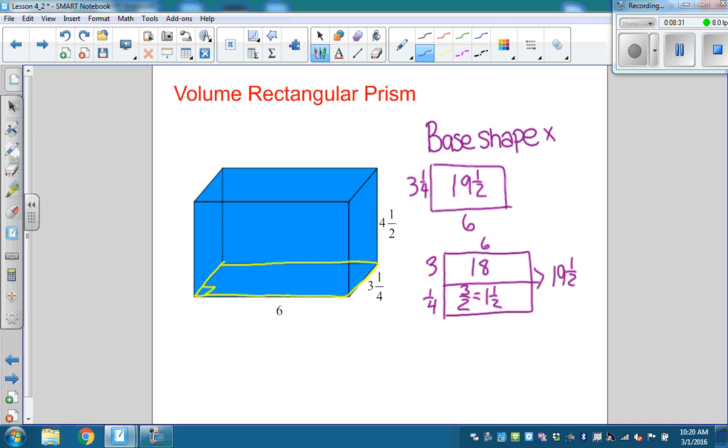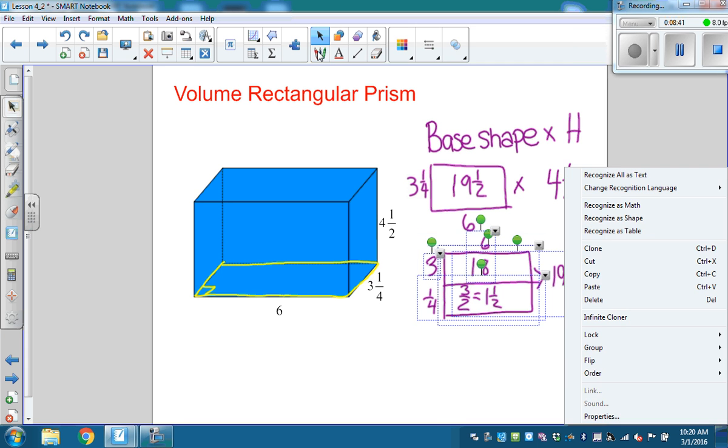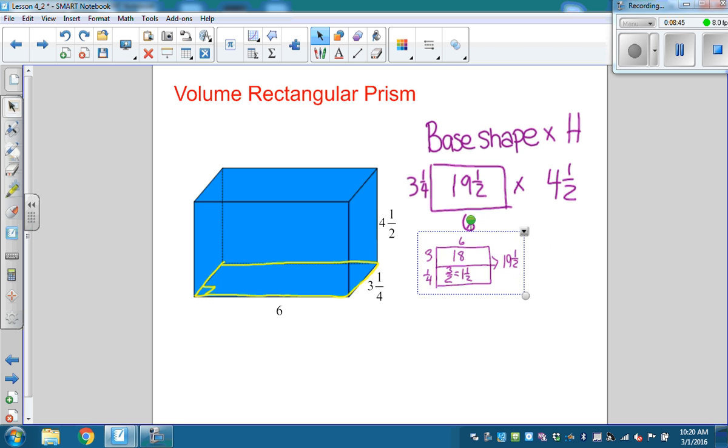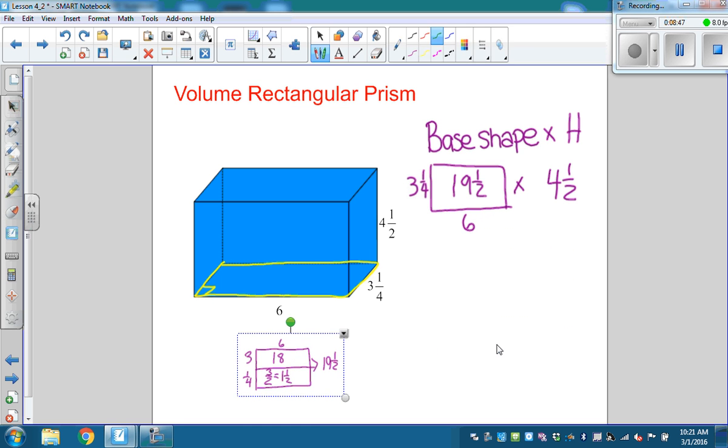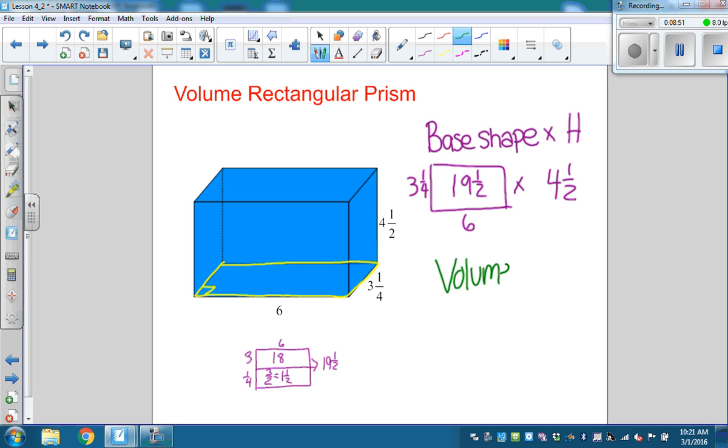And then we multiply that by the height. So the volume is 19 1/2 times 4 1/2.